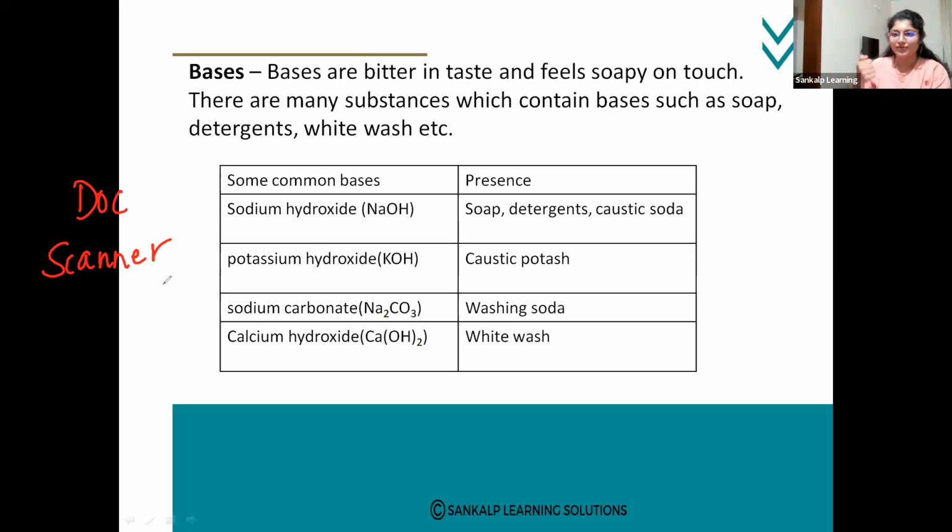When you click photos, half the part is cut off. So just hold the phone above the page and click, and it will take the full margin of the paper. Just click one.